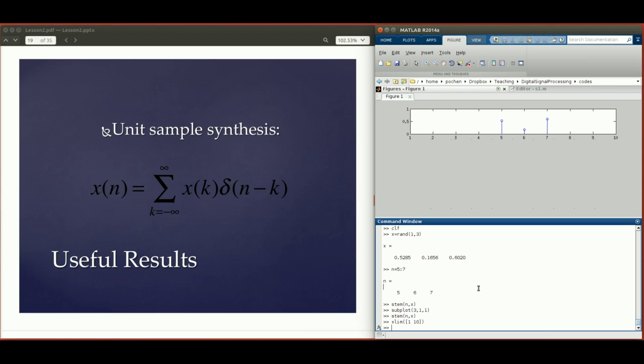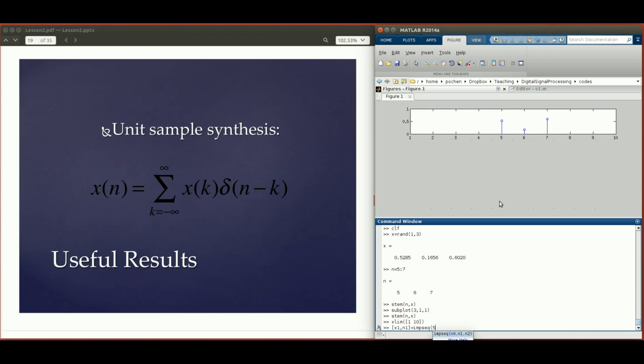Now let's generate an impulse using x1, n1 equals impseq, shifted to location 5. We'll do one pulse at a time.